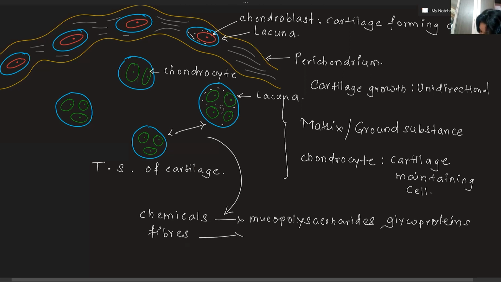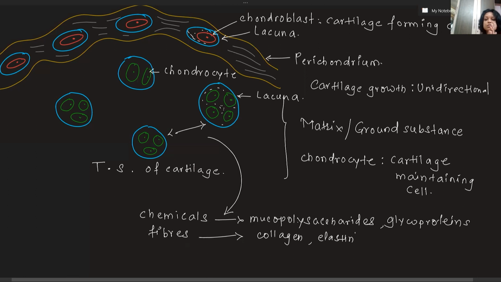Fibers are also found. These fibers are collagen fibers, elastin fibers, etc. So the gap between the lacunae of matrix is filled with chemicals and fibers.